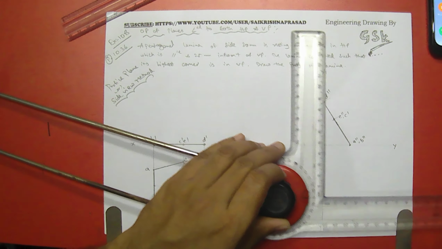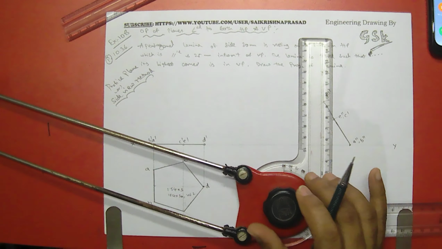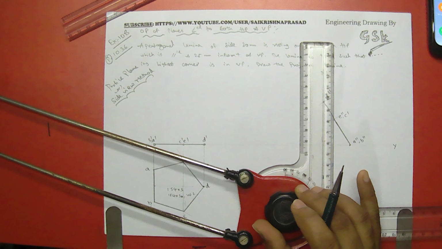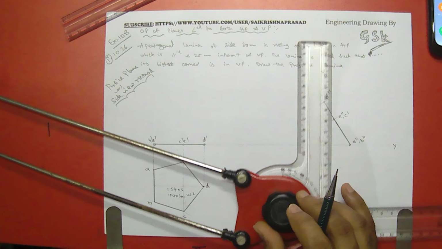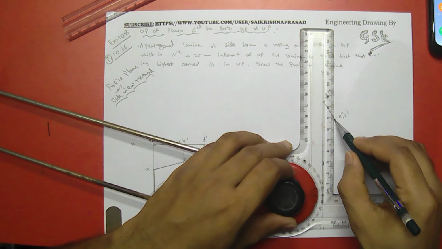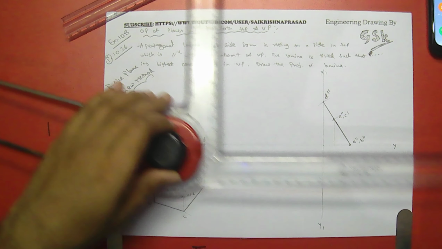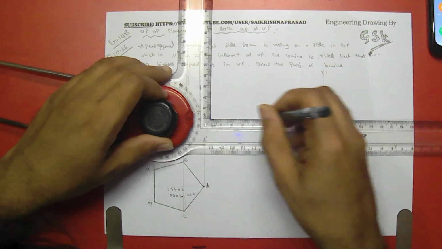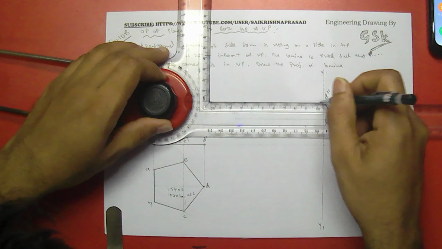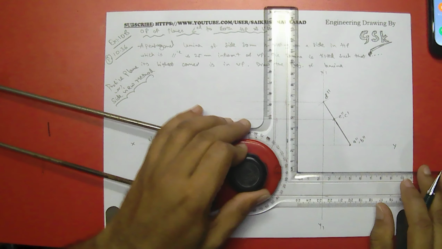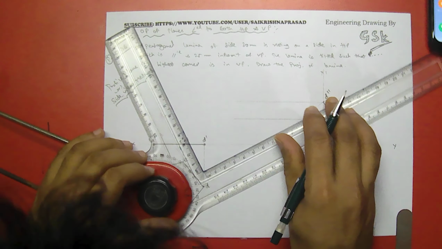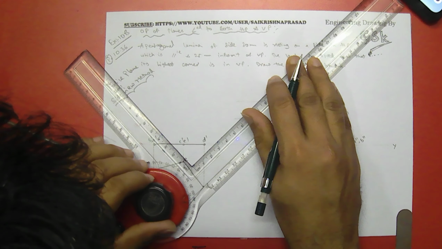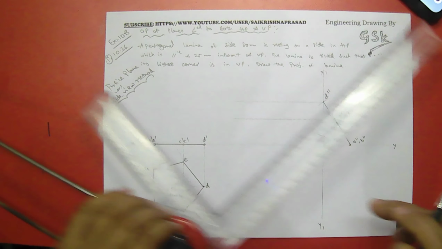Next, draw the projectors from that point, and draw the horizontal projectors for the front view, and I'll tilt the drafter to 45 degrees so I can get the top view projectors also.